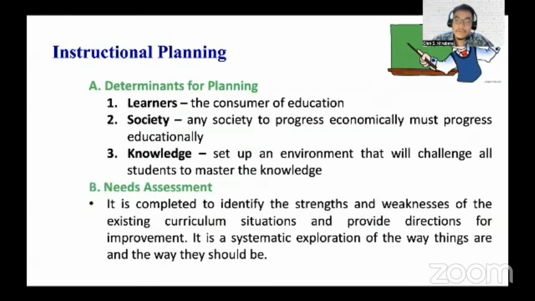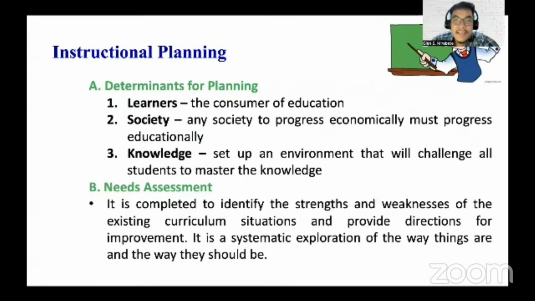As teachers, we need to do the needs assessment on what could be the best point forward, what could be the next thing to do, or to let the students say what they feel they need to get from our subject.